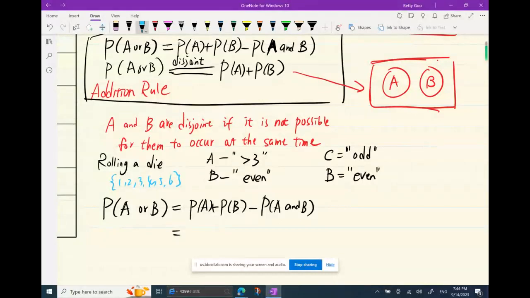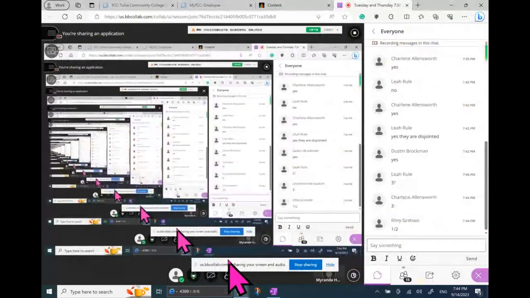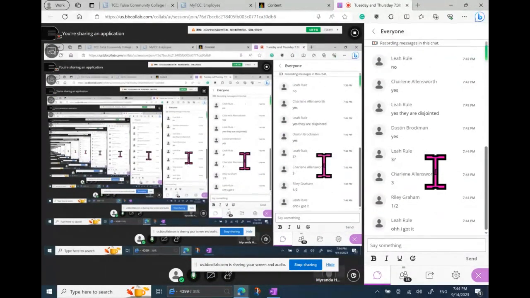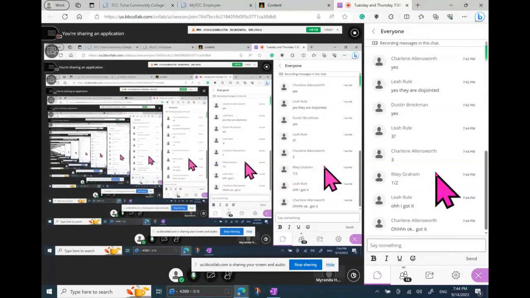Then can anyone tell me what's the probability of A? Getting a number bigger than 3. Classical model, half. Awesome. The probability is not 3. Remember, probability is a value between 0 and 1, bigger than or equal to 0 and less than or equal to 1.